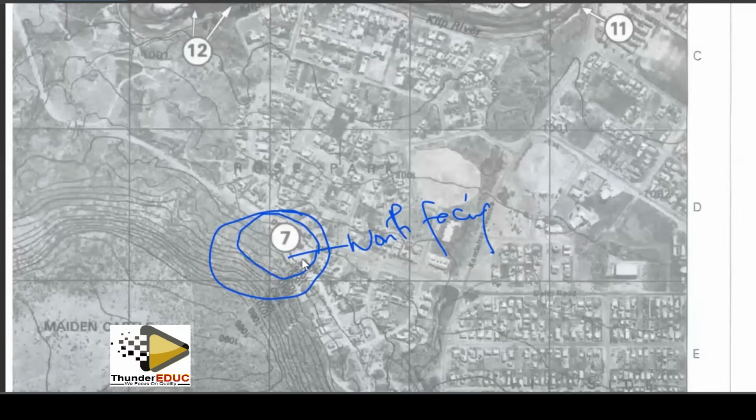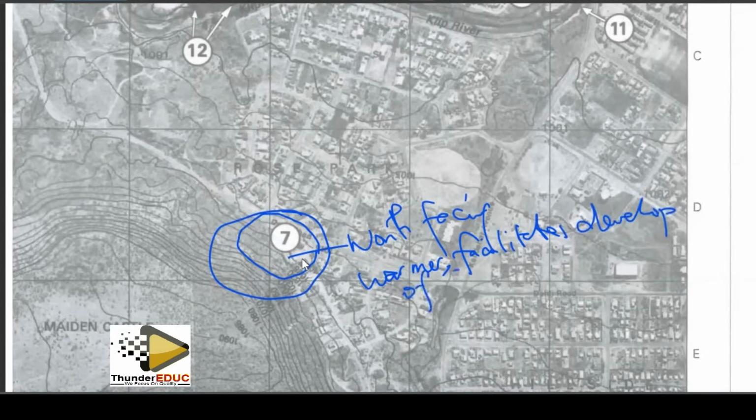It's because the north-facing slope is warmer in the southern hemisphere and therefore facilitates development of settlements. It's facing to the north, and this is a southern hemisphere map, which means this part receives insolation from the sun and is warmer than the other side, which is south-facing. So we're looking at slope aspect as the north-facing slope.